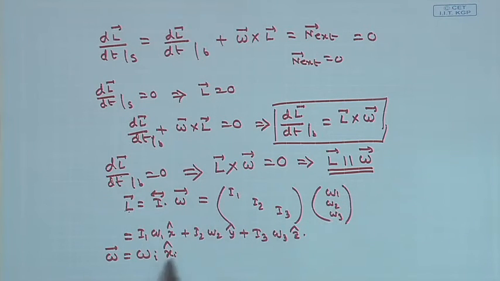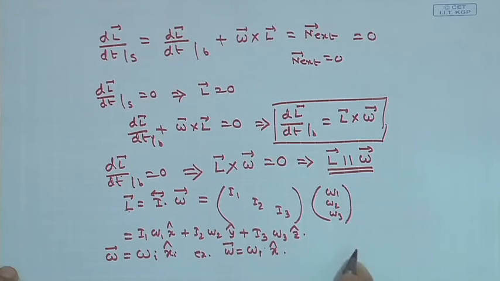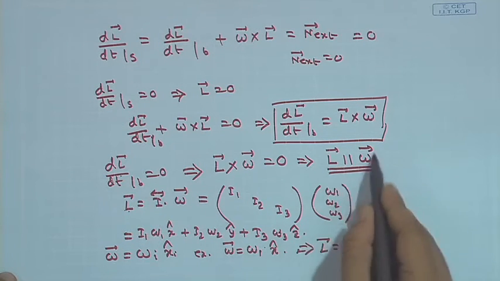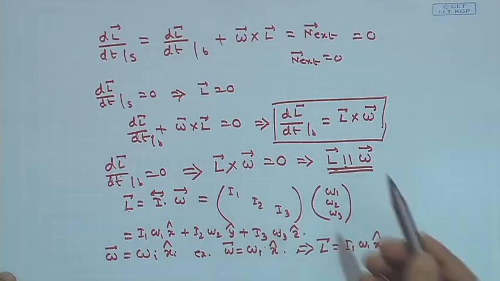Only if omega is defined along one of the principal axes, for example, if omega is equal to omega 1 x cap, then the second and the third terms in the expression vanish, then L is simply I1 omega 1 x cap. So, that means L and omega are collinear to each other, this condition is met, and we have uniform rotation as described in the problem.